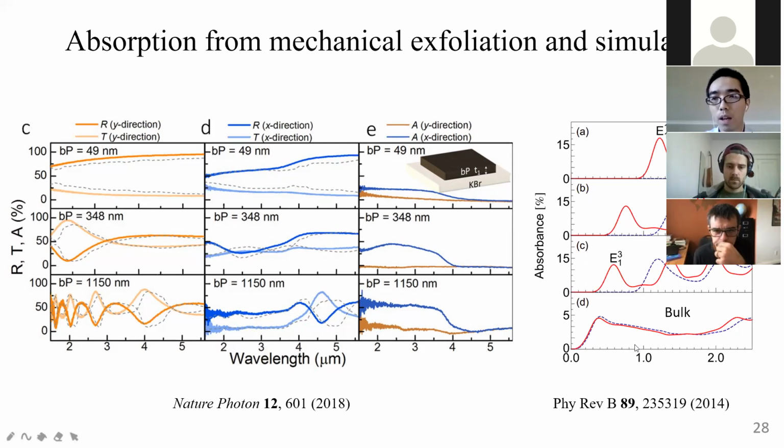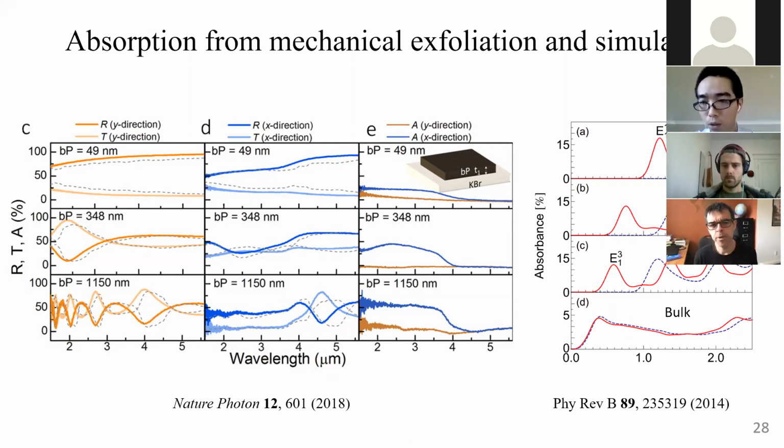So for exfoliated BP, we think it depends on the centrifuge speed. If the centrifuge speed is not very high, most of them should be at least a few nanometers, so more than 4 to 5 nanometers, it should behave like bulk.